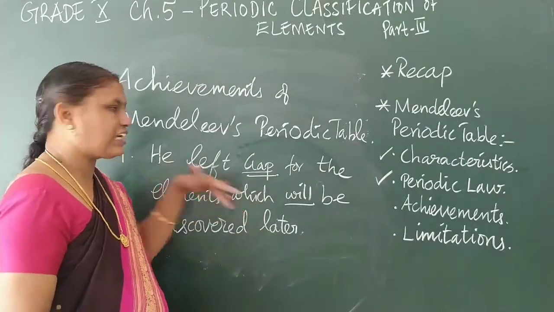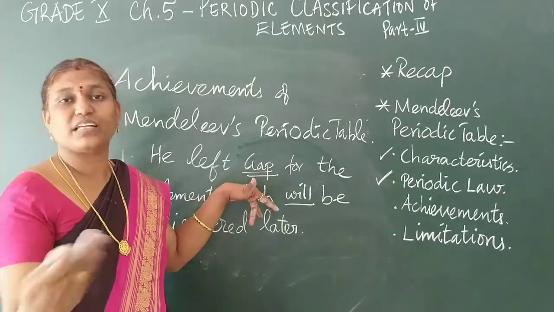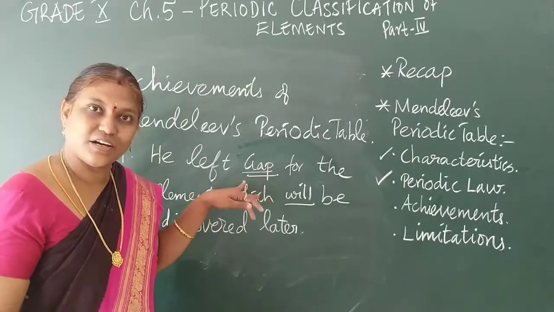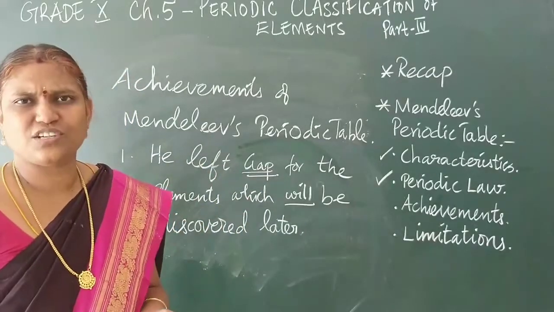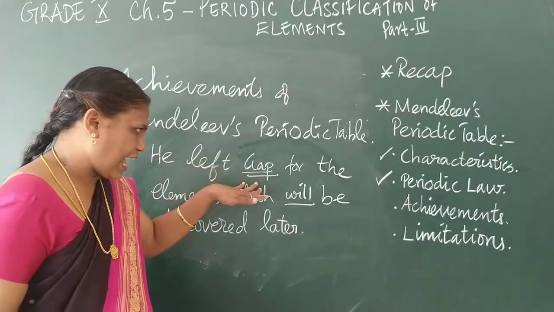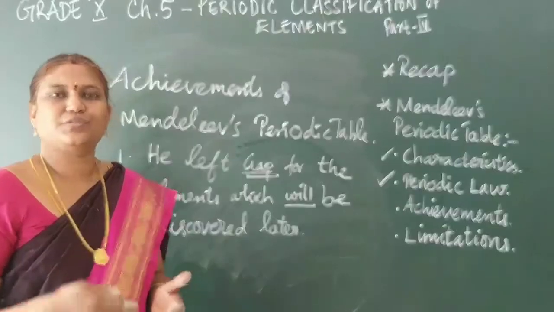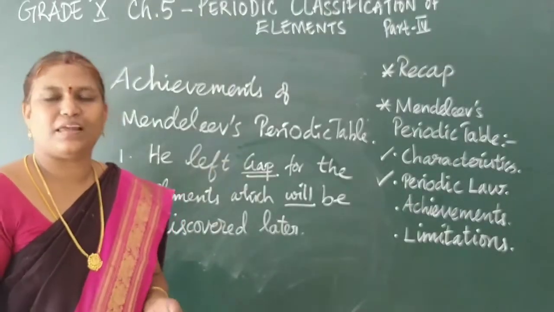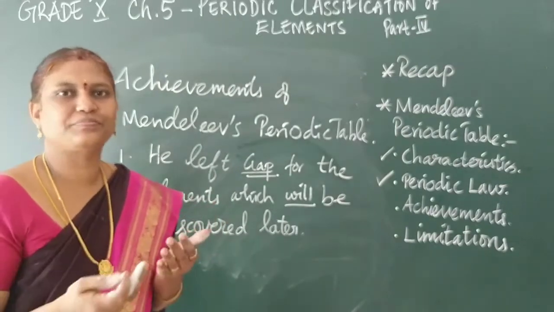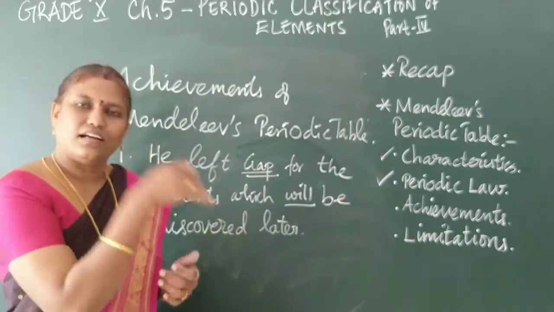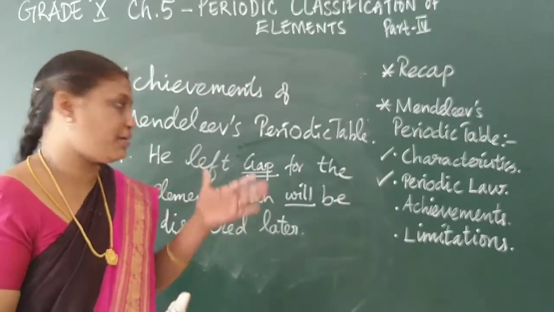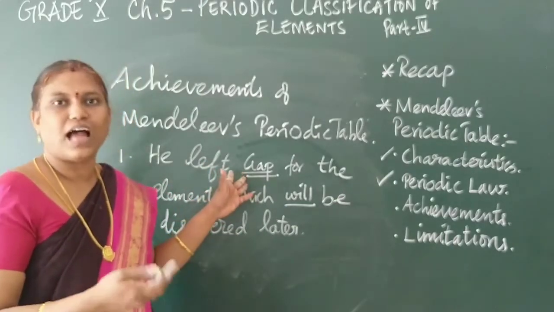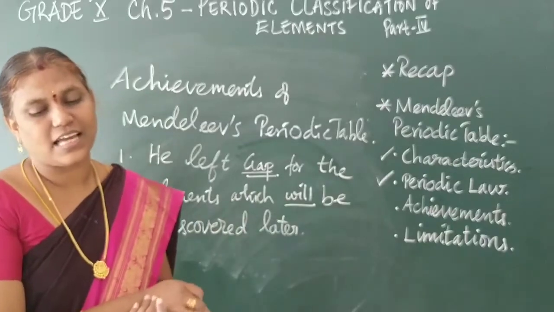Whatever he left has been discovered, and it has the same property. So that is an achievement, no? Because of that gap, people started to discover more elements, and they correlated with what he said, and it was proved that the elements have the same property as he said. That is the first achievement.